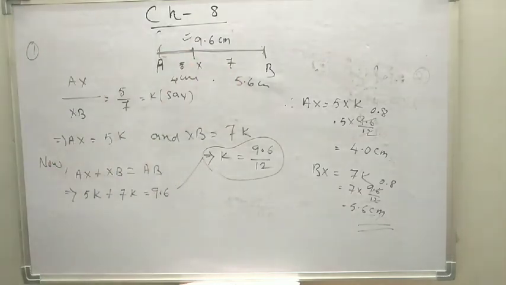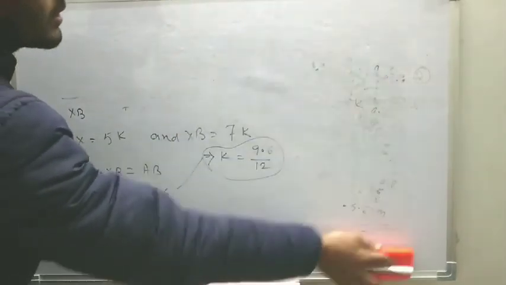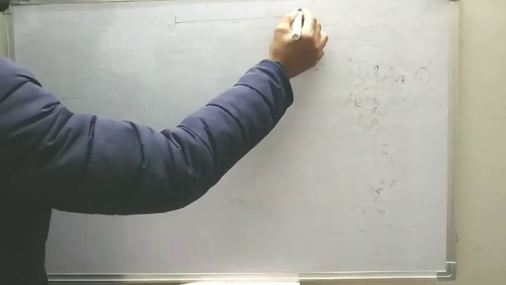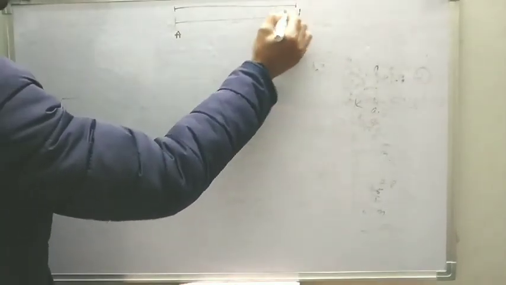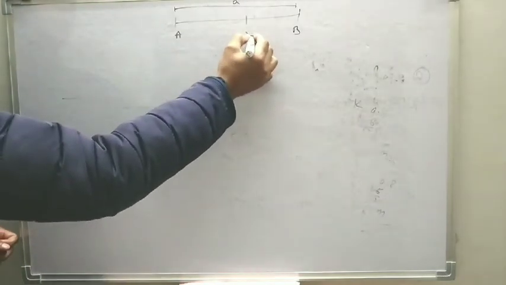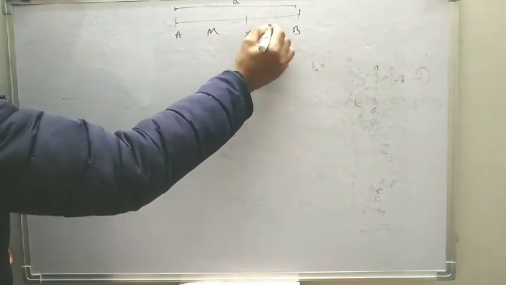Now if we go to question number 2, we have to show that a straight line of a centimeter length, suppose here a straight line AB, is divided at a point in the ratio m:n internally.